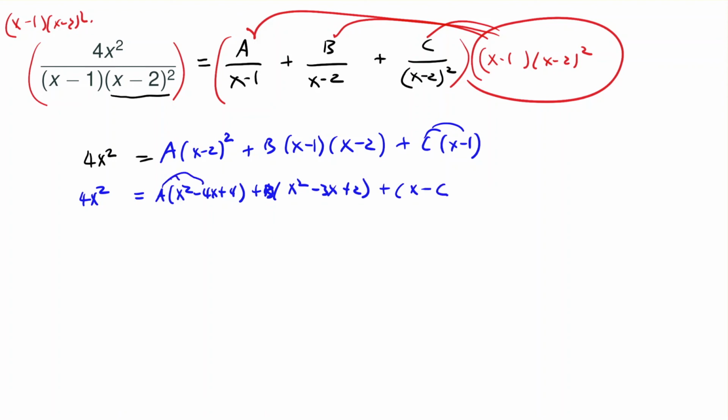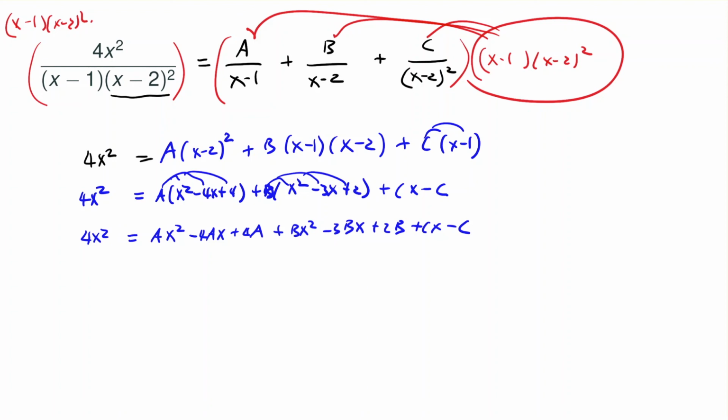And now we distribute this a and b to each of the parentheses. We get ax squared, let me write a first, negative 4ax plus 4a plus bx squared minus 3bx plus 2b plus cx minus c.